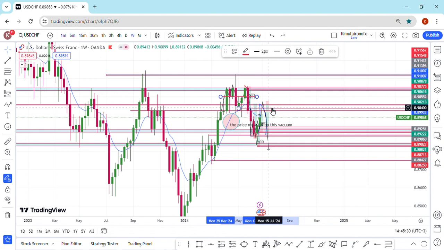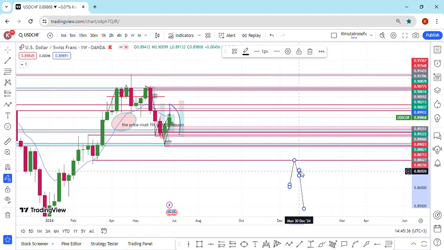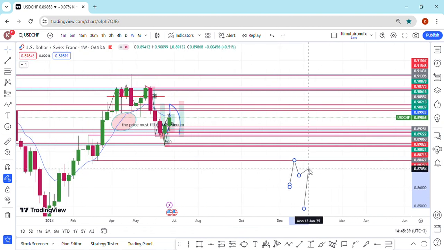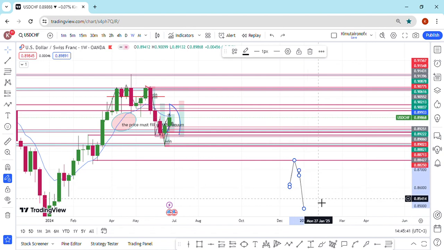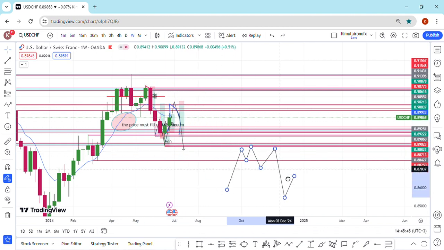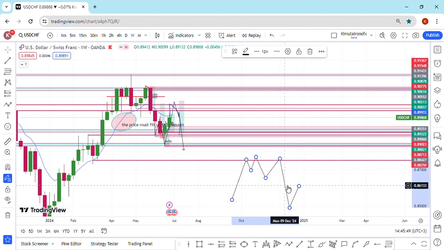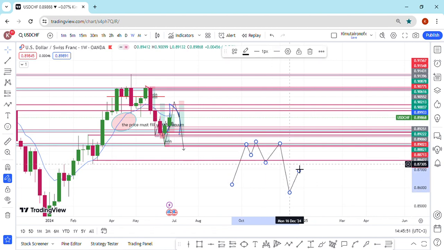Currently bearish. You can see it broke past this structure point, and I'm expecting again to retest this structure point before continuing in the bearish direction.